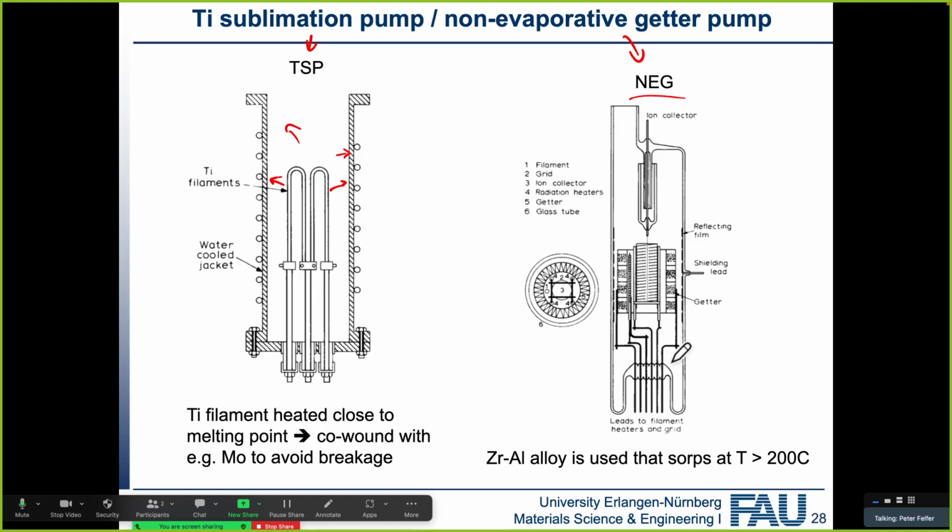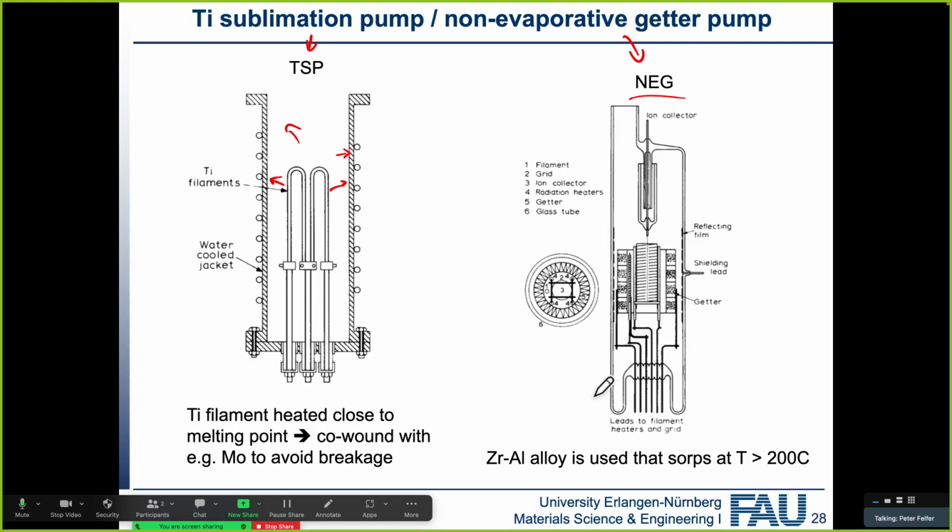With NEG pumps, it's typically more like 250 to 450 degrees. So you just heat that up, typically buy them with heating integrated, and then this thing will just go and sorb. The good thing about them is that they're relatively easy to operate. They don't need any power while they're running. Once activated, they will just keep sorbing for a very long time unless you have a leak or something.